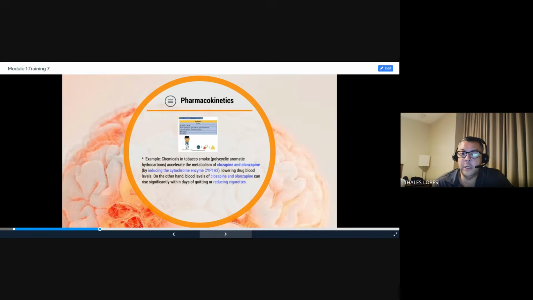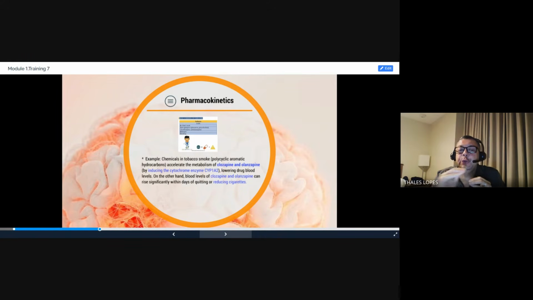So how do we apply? If someone is a smoker, right? So it's not the chemicals in the tobacco, but the burning chemicals, right? When someone is using clozaril or clozapine or olanzapine, high yield, right?